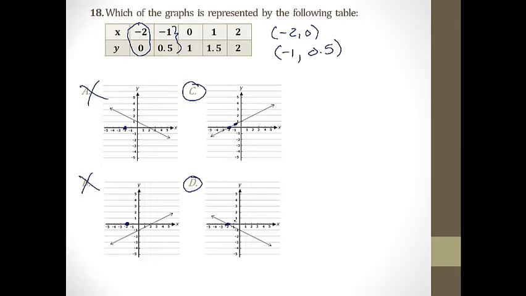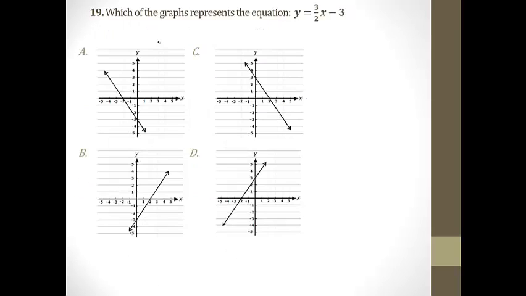Negative 1, 0.5 would be up here, so this line doesn't go through that point, so it can't be this one, so the correct answer here is C. You should also go through these 3 points and check to make sure these 3 are also on this line, but I'm pretty sure they are. So we're good there.